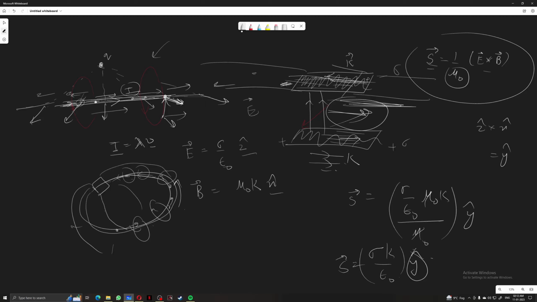You can do some problems if you want to, but the key idea behind all this mathematics is the conservation law, right?